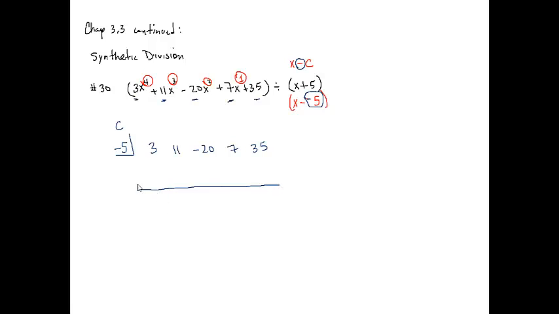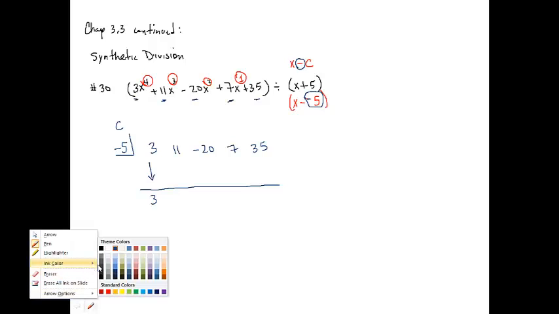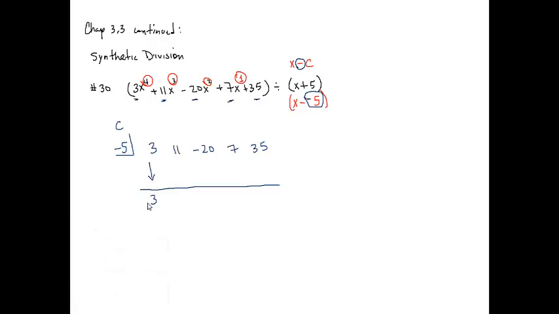Okay? Go ahead and draw your horizontal line. It's like an addition problem. And the first thing I'm going to do, the 3 drops down automatically. So it drops. And then you're going to do 3 times -5, which is -15. And you write the result under the next coefficient.